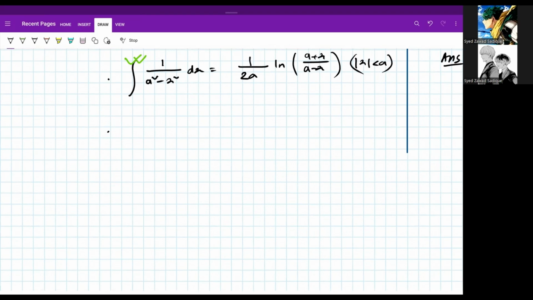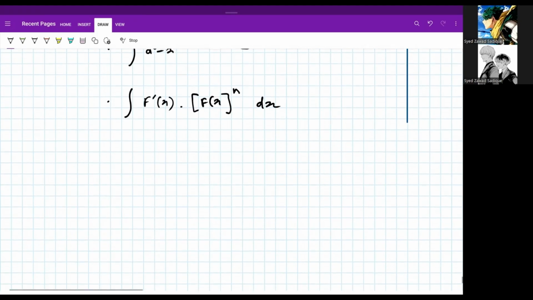That is integration of f inverse x into fx to the power n dx, in which u is equals to fx, v is equals to f inverse x.